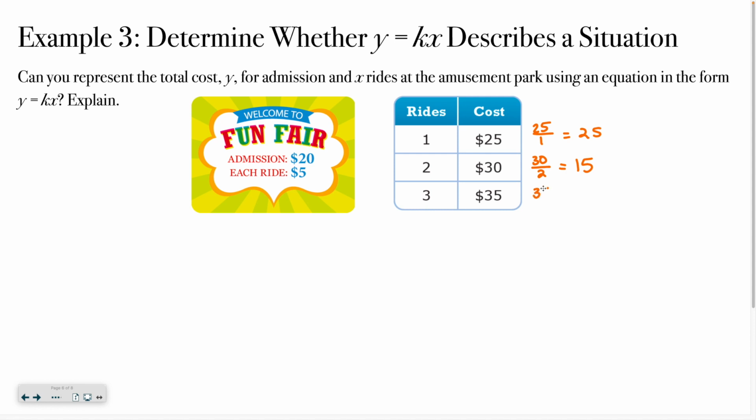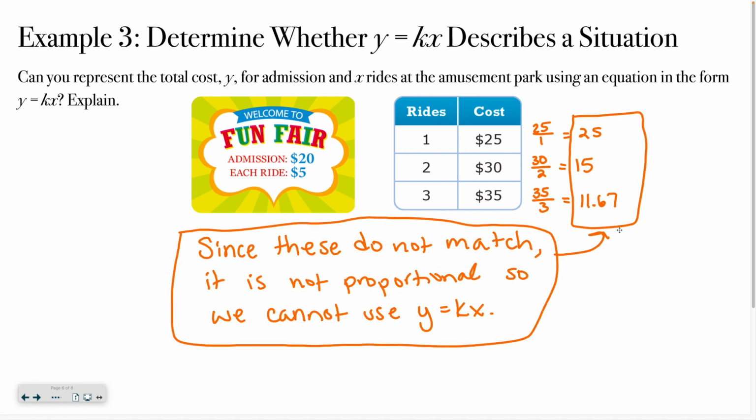If I were to even go one step further, I would see, nope, this isn't going to work. So always check to see, do you have a constant of proportionality? If not, you cannot use y equals kx. So what you would say for an answer would be, since these do not match, it is not proportional, so we cannot use y equals kx.